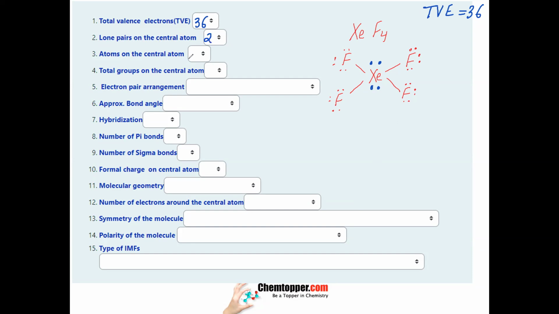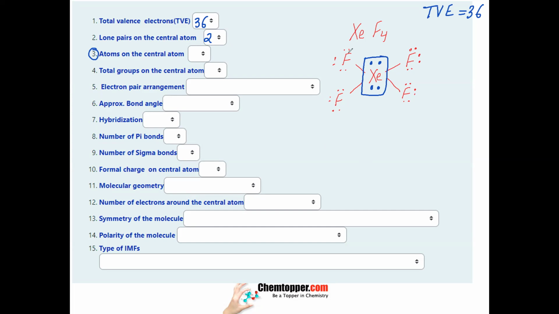Atoms on the central atom, how many atoms are there on the central atom? See, answer this question. Third, how many atoms? Okay, you are doing some very big error. On the central atom, this is the central atom.